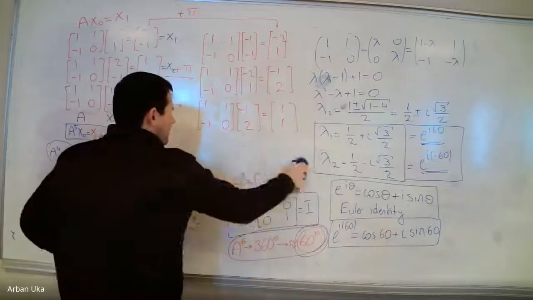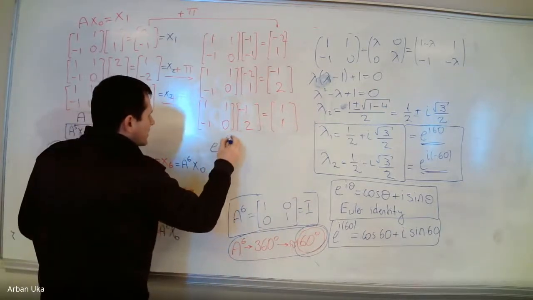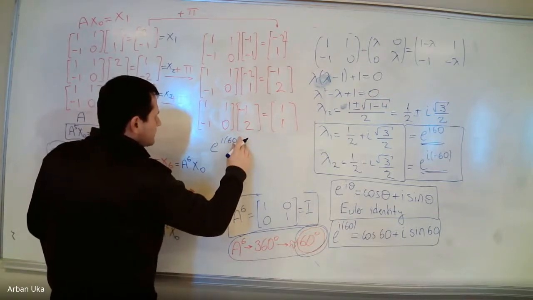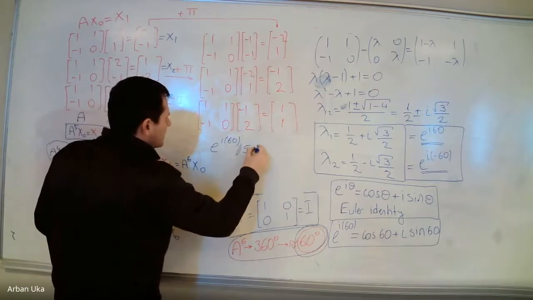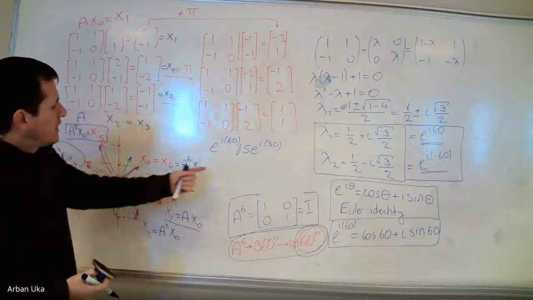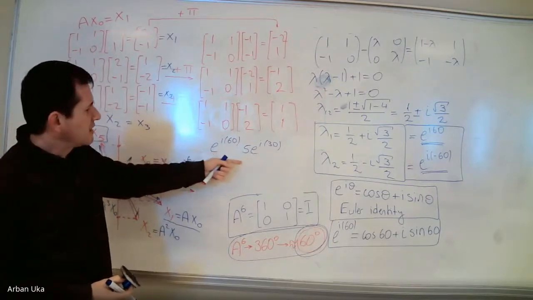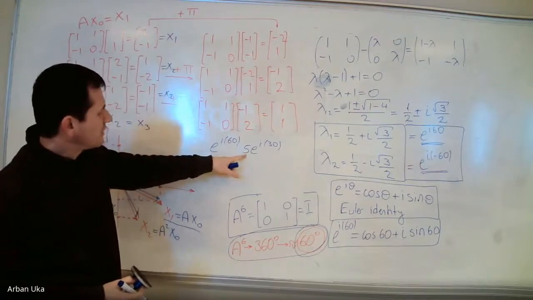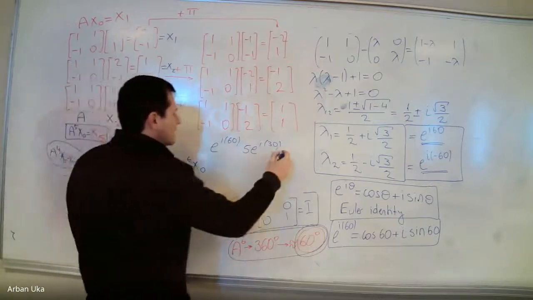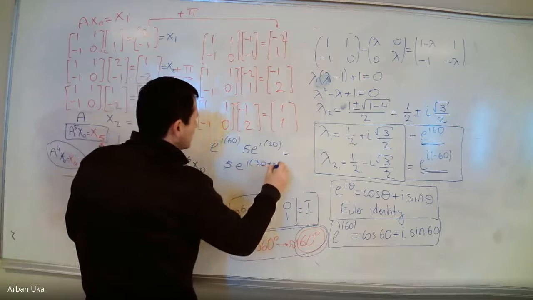So we said before that if we multiply e to the power i60 with a complex number such as, let's say, 5 times e to the power 30, we are multiplying a complex number which represents a vector. Why is it a vector? Because it has a magnitude of 5, and we can find it at an angle of 30 degrees with respect to the x-axis. If we multiply these two together, we get 5 times e to the power 30 plus 60, right?